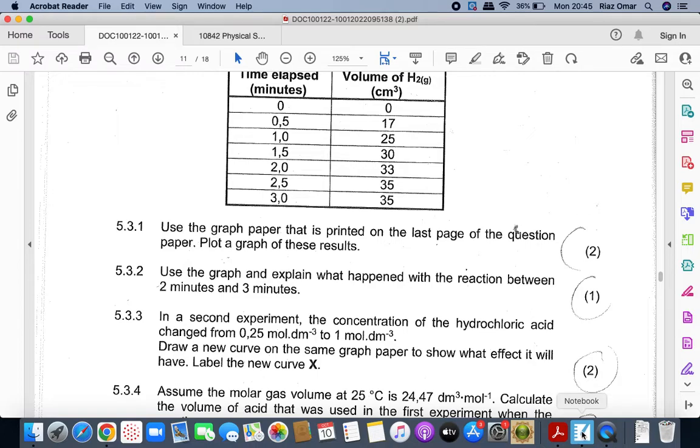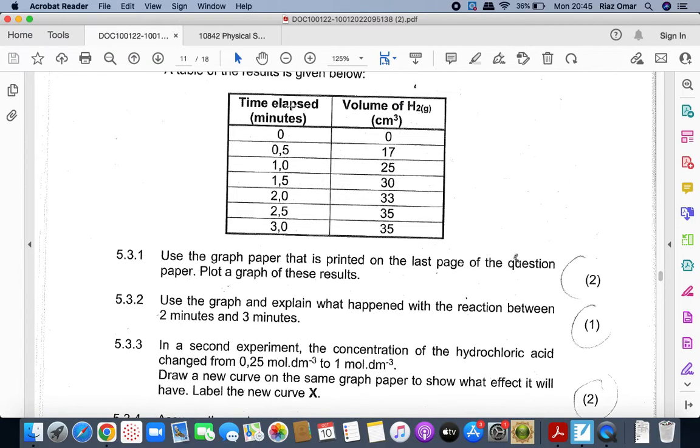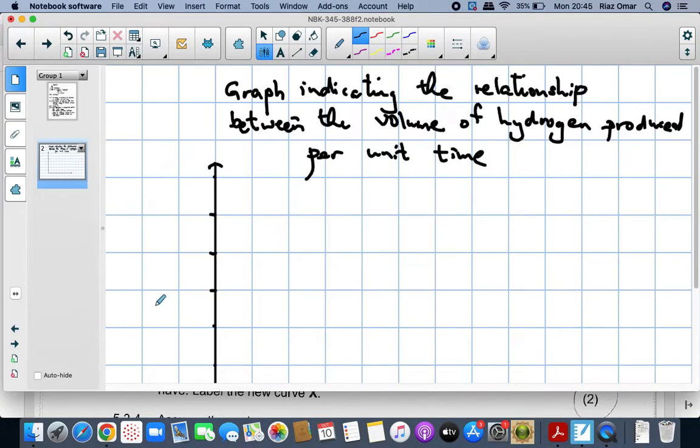So here we must have time on the x-axis, and volume on the y-axis. So volume of H2, you can write it down here.